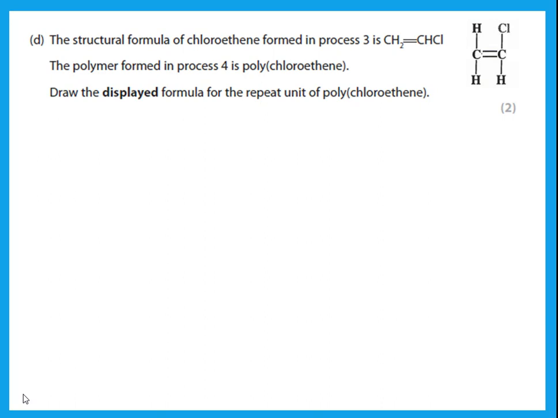You have a carbon with 2 hydrogens and a carbon with 1 H and 1 Cl. So that's the monomer you're starting with. Now what would be the polymer? The polymer means we open the double bond, make it a single bond, put a bond from this side and a bond from this side, and we close it with a bracket and n. This is the formula for the polymer. Okay?